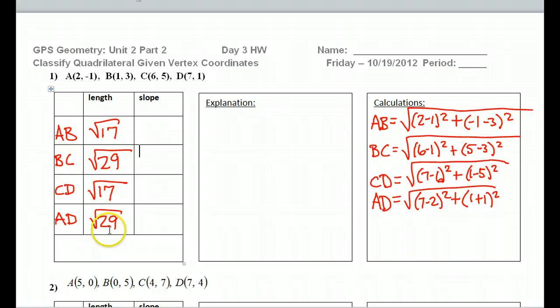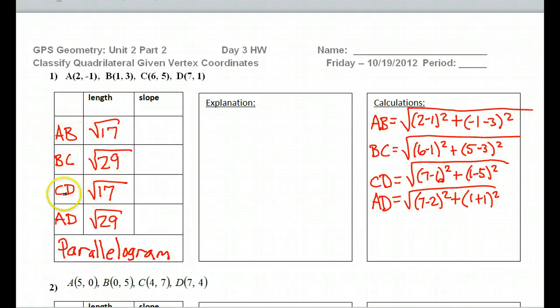What do you say? Okay, I'm hoping you can see that this is a parallelogram. Now this is not my final answer. I'm just going to write down what we have so far. I know this is a parallelogram because the opposite sides are congruent.